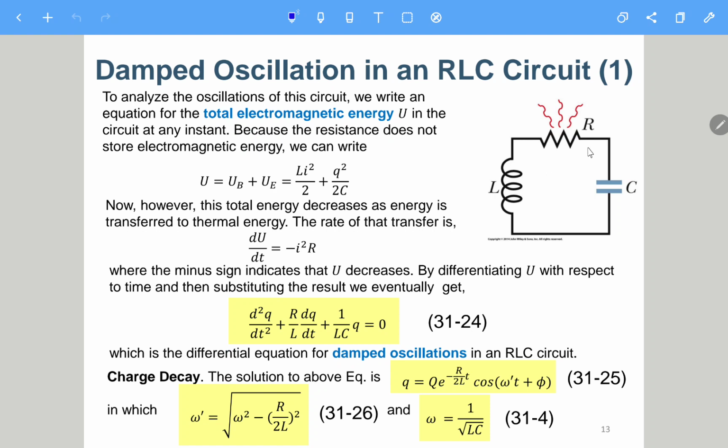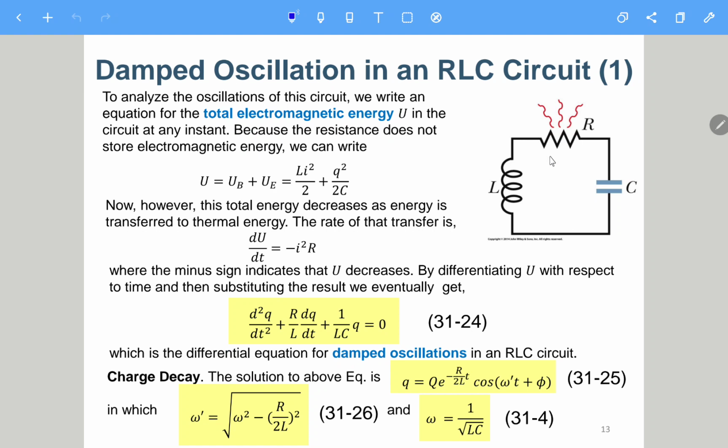So we model the whole resistance of the loop as a discrete resistor. We don't really add a resistance there. Sometimes maybe you will, but here we consider the intrinsic resistance.